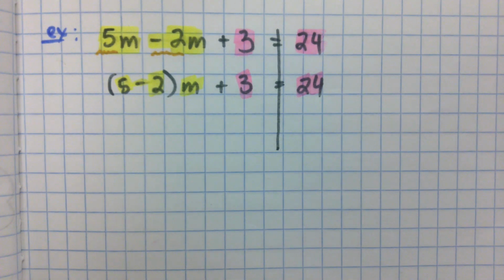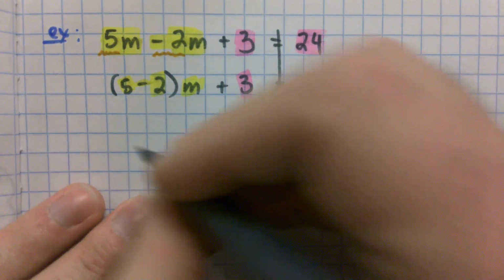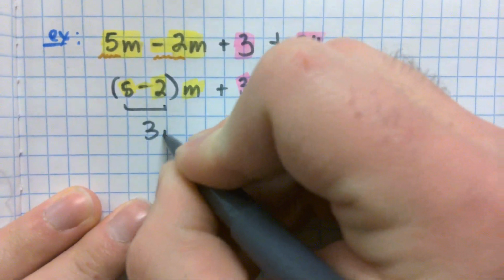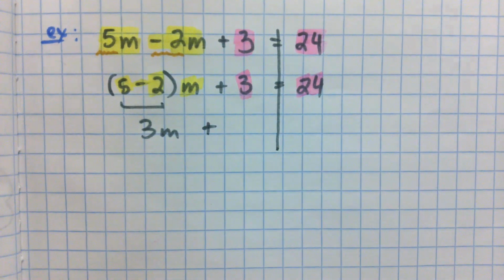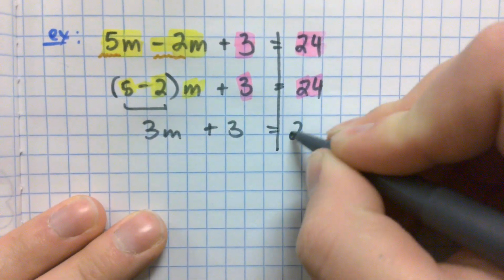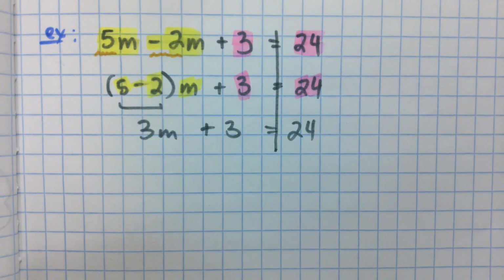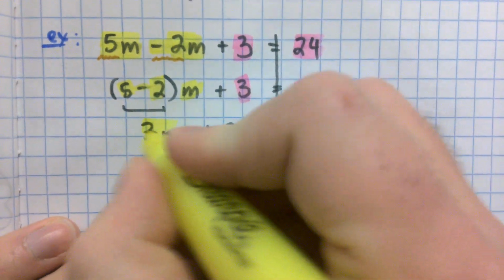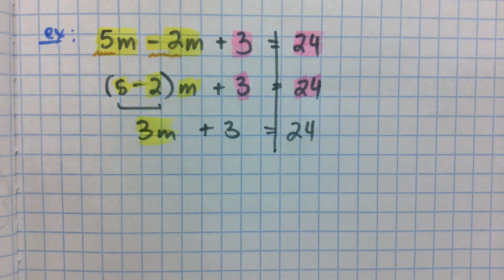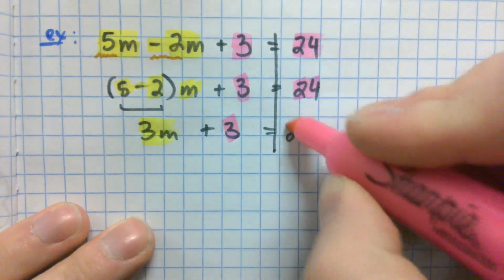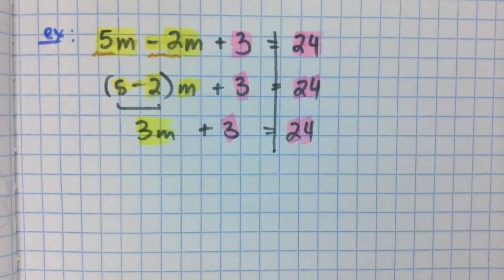So what's my new coefficient for m? 5 minus 2? 3. 3m plus 3 equals 24. Now this looks just like the problems we were doing yesterday. Two-step equation.